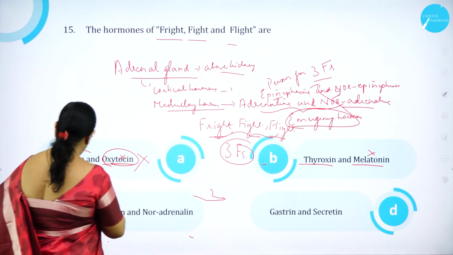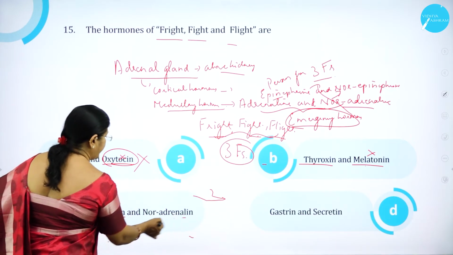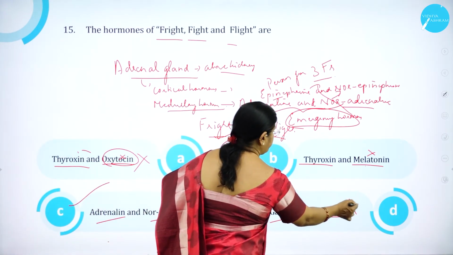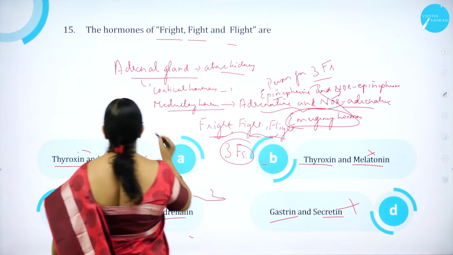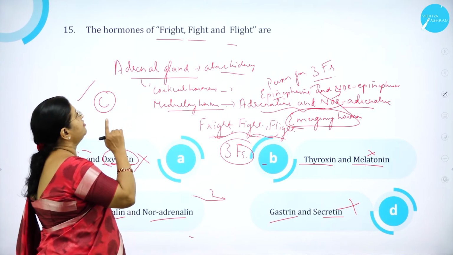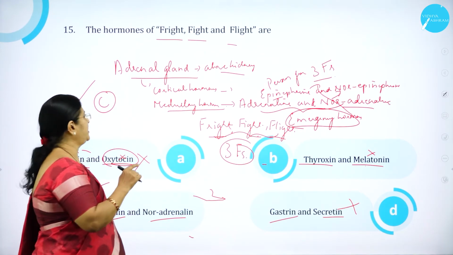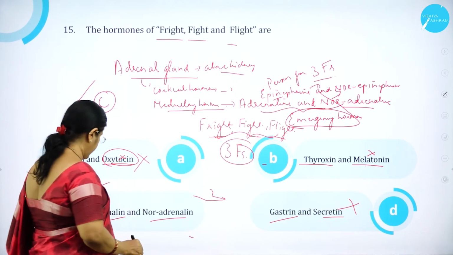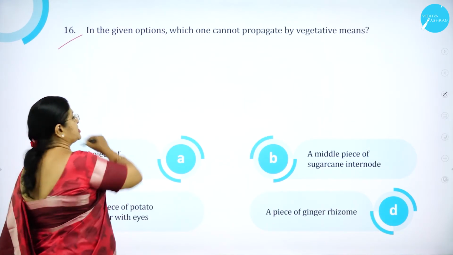Wrong. Then C, adrenaline and noradrenaline. Correct. Here gastrin and secretin is wrong. So C is the correct option. The hormones of fright, flight and fight are adrenaline and noradrenaline. Moving on to question number 16.